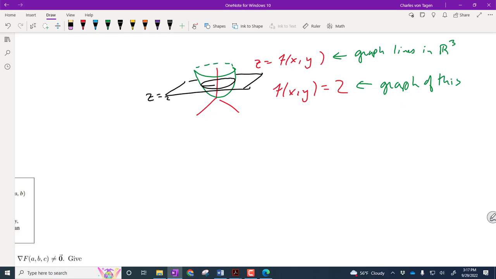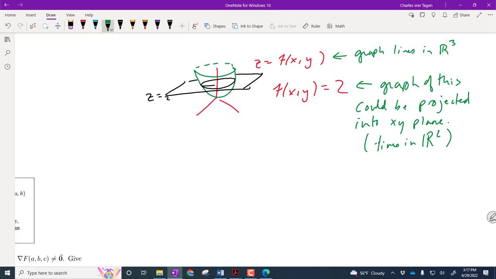The graph of this could be projected, so where does it live? Okay. So what I'm saying here is we could now just go back to our regular old xy plane, and we could take that trace. I wish I put it in a different color. Let me. That's fine. Let's do that. Okay. And there it is. There's the graph of that.